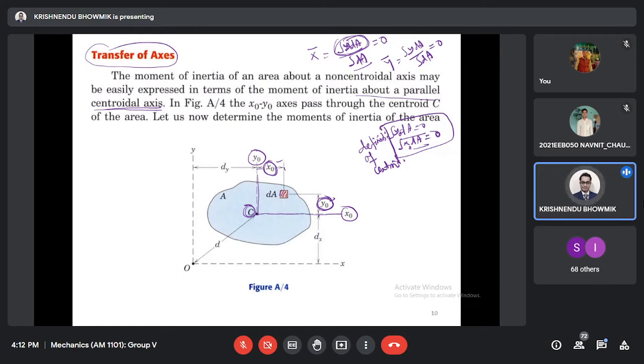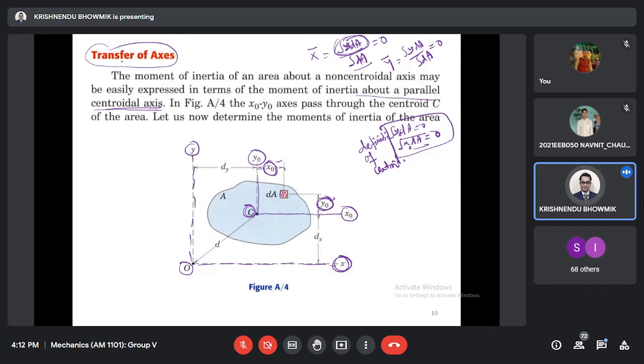Okay. Now we want to transfer this to some other axis with respect to this point O. This is the xy axis, and this OX is parallel to the CX0, and this OY is parallel to CY0.